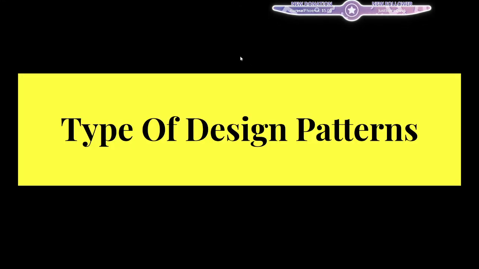And now let's move on to how it all comes down to design patterns. The types of design patterns. Now I'll just briefly run through all of the design patterns that there are.